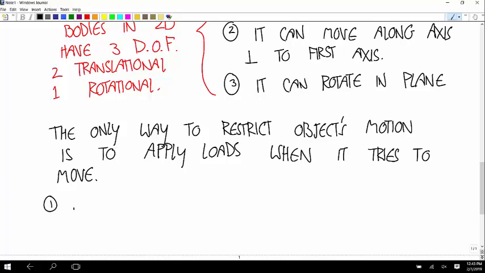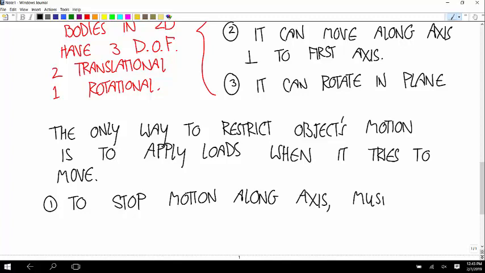So first, to stop motion along an axis, something must apply a force that's parallel to that axis.